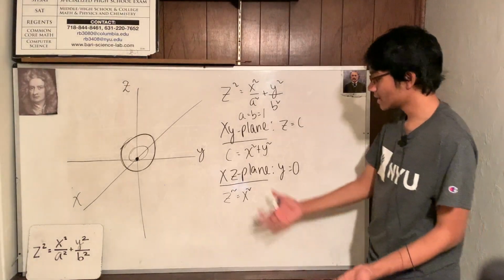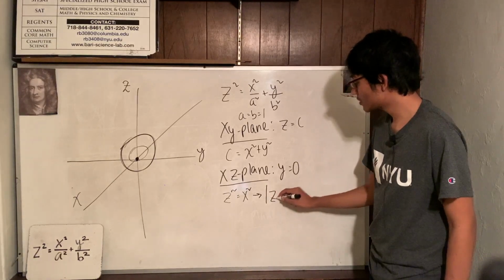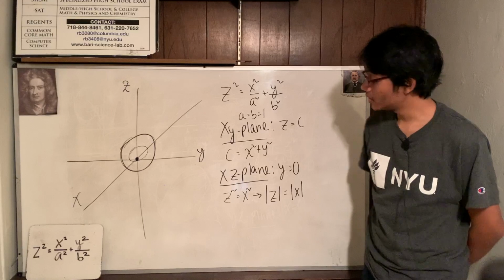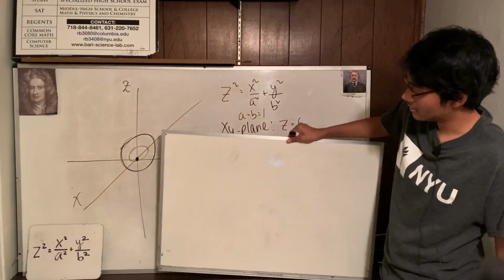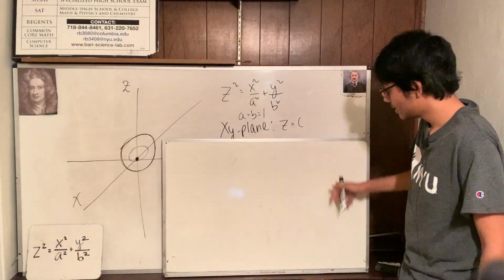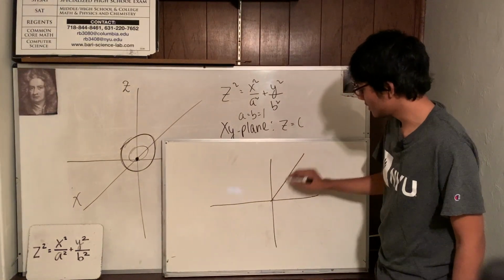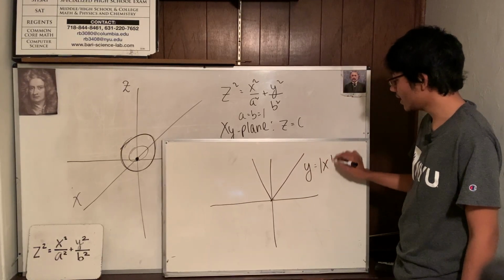Well, take the square root of both sides. What do I get? I'm going to be left with the absolute value of z equals the absolute value of x. Do you remember how the absolute value graph looks like? If you don't, good thing I'll remind you. The absolute value graph looks a lot like this. This is the graph of y equals the absolute value of x.